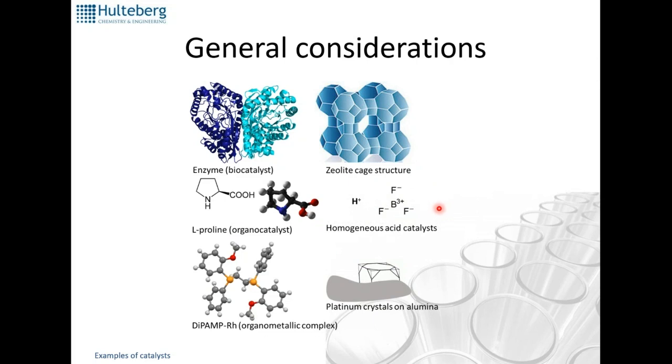Then we have structured catalysts, solid acid catalysts, which have well-defined crystalline structures called zeolites. And we also have the supported catalysts, where you have an oxide on the bottom, in this case alumina, and on top we place some kind of metal, in this case platinum, and it's the metal surface area that gives us the catalytic effect.